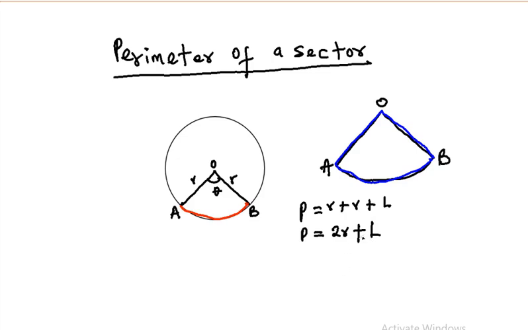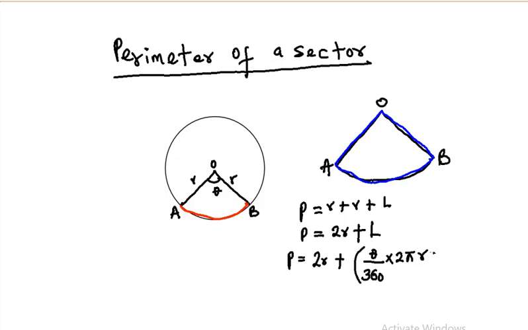But L, we've done L in the previous video. L is the length of the arc. So if I put it all together, we have P equals 2R plus the length of the arc, which is theta over 360 times 2 pi r.